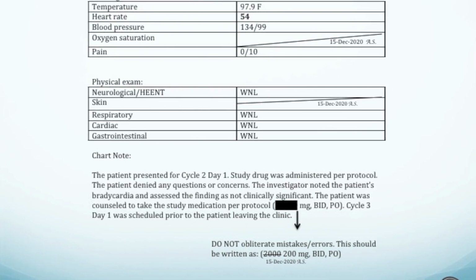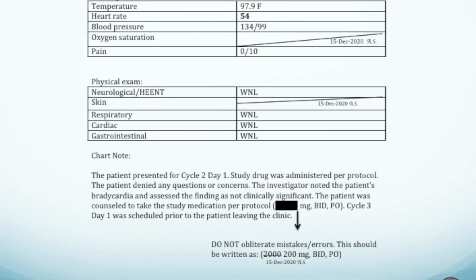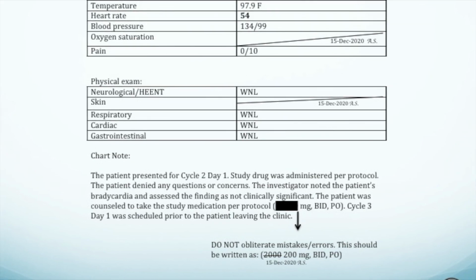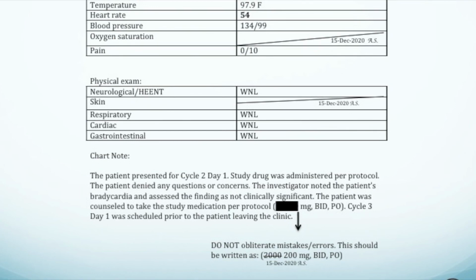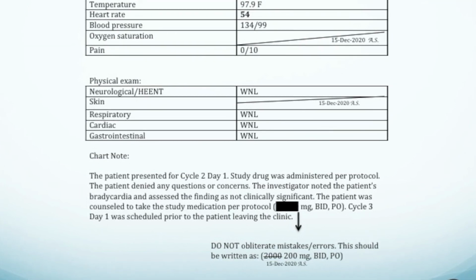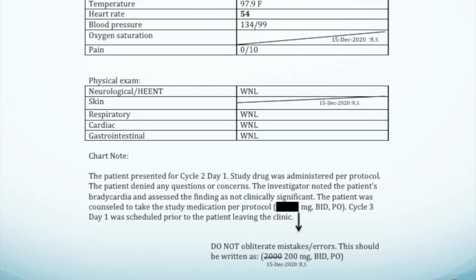The patient presented for cycle 2, day 1. The study drug was administered per protocol. The patient denied any questions or concerns. The investigator noted the patient's bradycardia and assessed that it was not clinically significant. The patient was counseled to take the study medication.